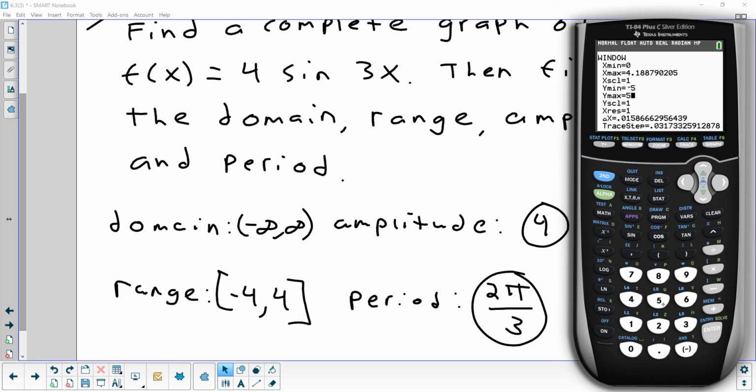And then make sure you are in radians, because this period is not a degree period. If it was degrees, this would say 120, but it's radians. So hit graph, and we should see exactly 2 cycles. There's 1.5, 1 3/4, 2. Perfect.